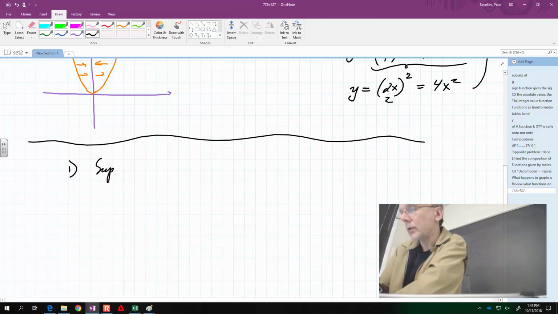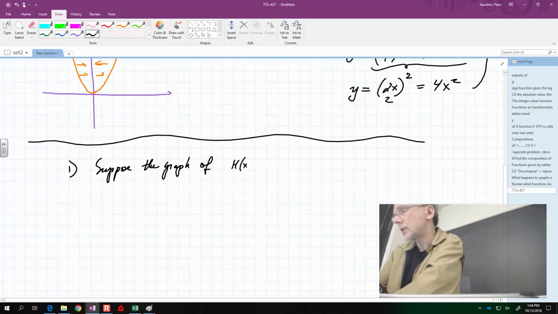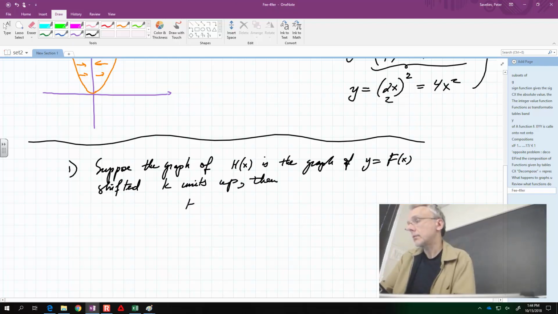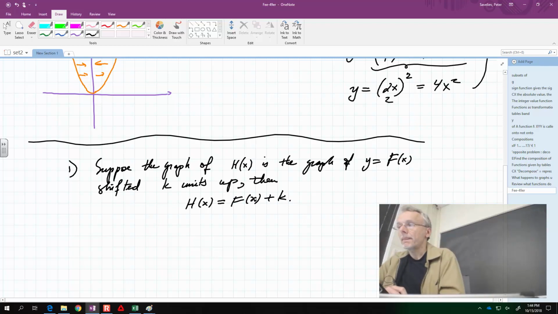Suppose the graph of h of x is the graph of y equals f of x shifted k units up. Then we have a formula for h. H of x is equal to, as you'd expect, f of x plus k. Very straightforward. And vice versa, naturally.